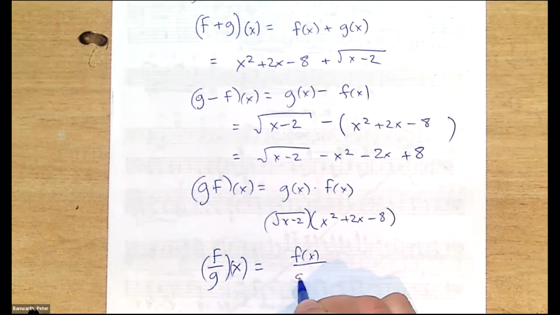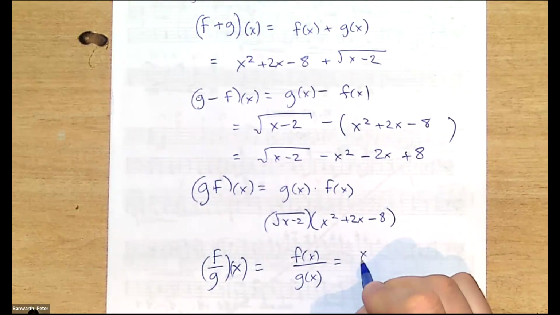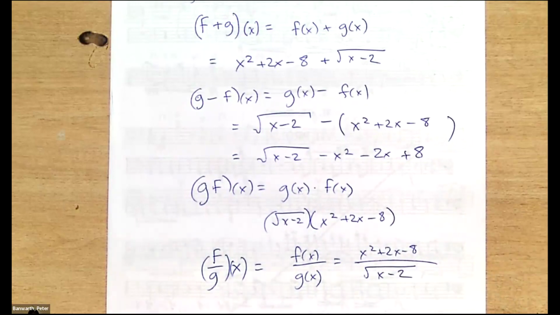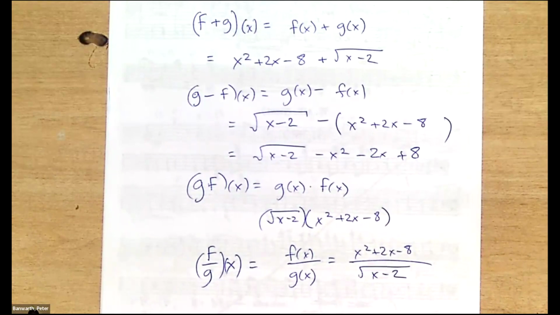Take the outputs and divide them. x squared plus 2x minus 8 over square root of x minus 2. Okay, so I happen to do f over g here. You could combine them in the other way if you wanted. I did g times f. You could combine it in the other way if you wanted.